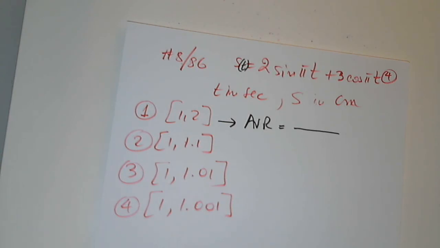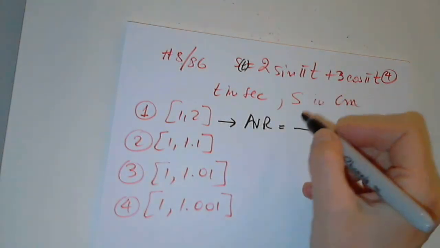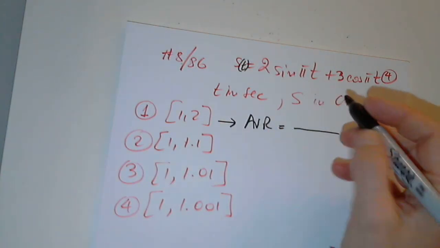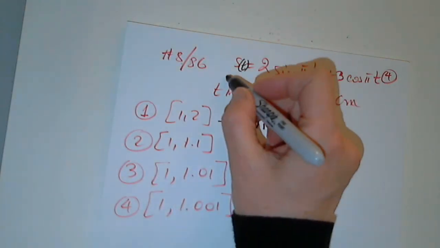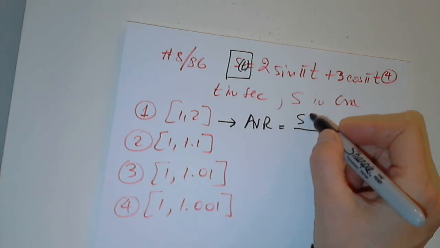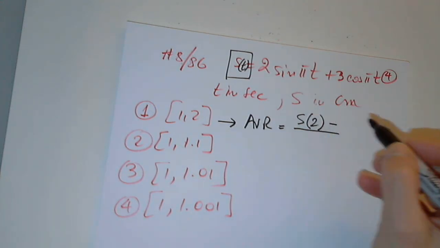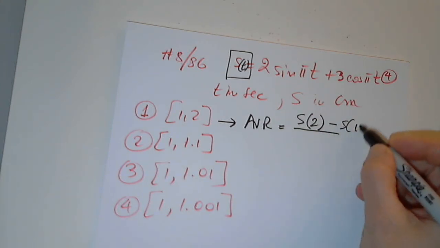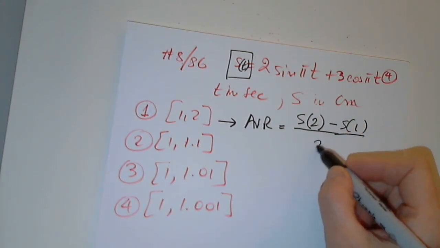One point has t equals 1, and the other point has t equals 2. So basically the same as the last problem. So it'll be s of 2 minus s of 1, over 2 minus 1.